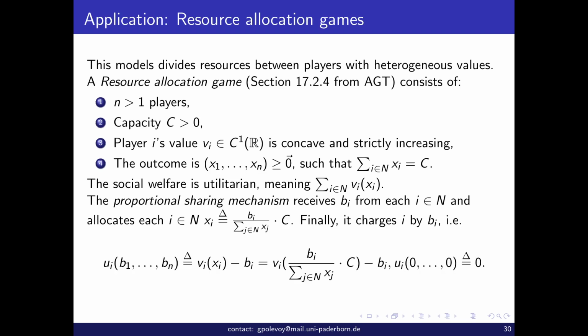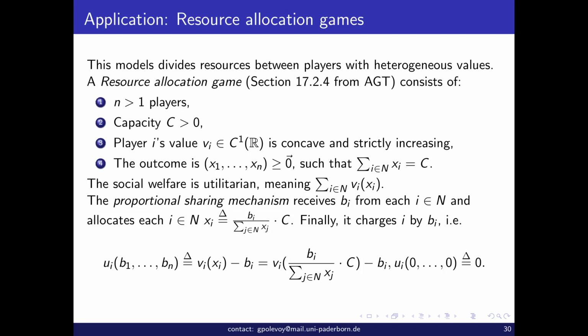And the proportional sharing mechanism is one of the possible definitions to complete the definition of the game. That mechanism receives the bids from the players, and these are the strategies. So the strategy of the player is a bid, a real non-negative number.